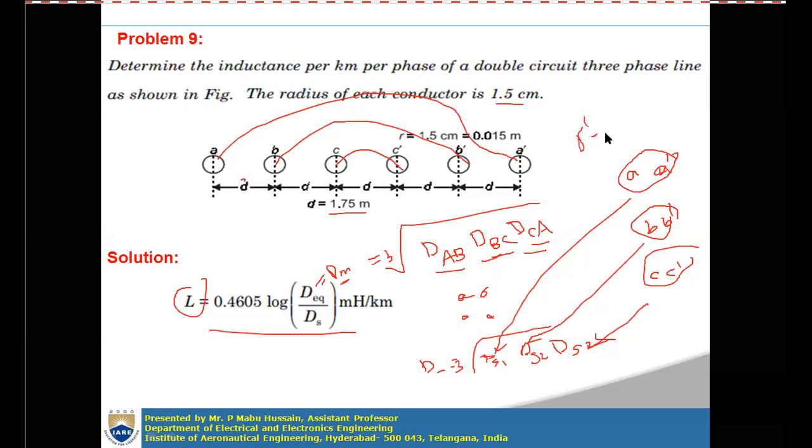That R dash is 0.7788 times the R value, right? That R value is given in the problem, which is 1.5 centimeters. All the data is given in the problem itself. You just have to use the equations and substitute the values in them so that you will get the final value.